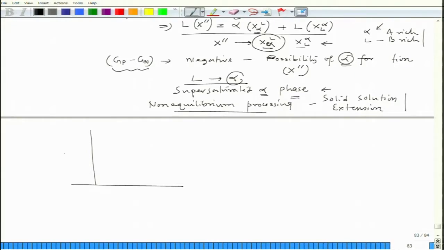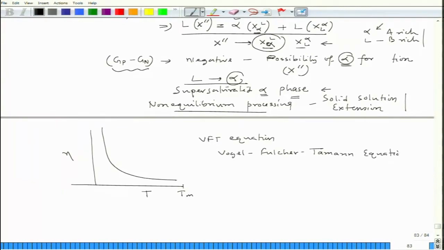So, this liquid viscosity with temperature, if this is my Tm, it follows like this, and it follows the VFT equation, which is called Vogel-Tammann-Fulcher equation.